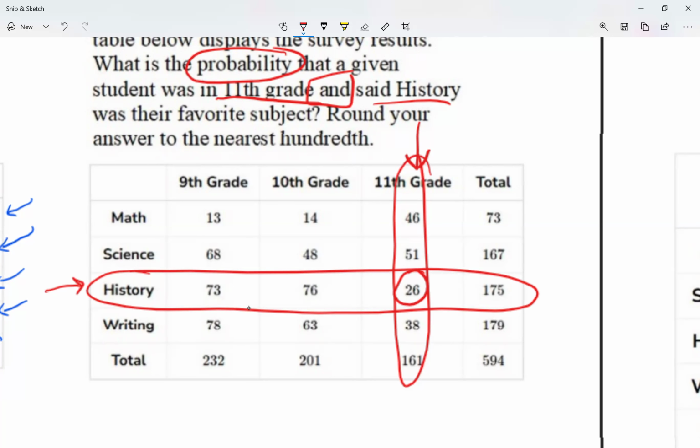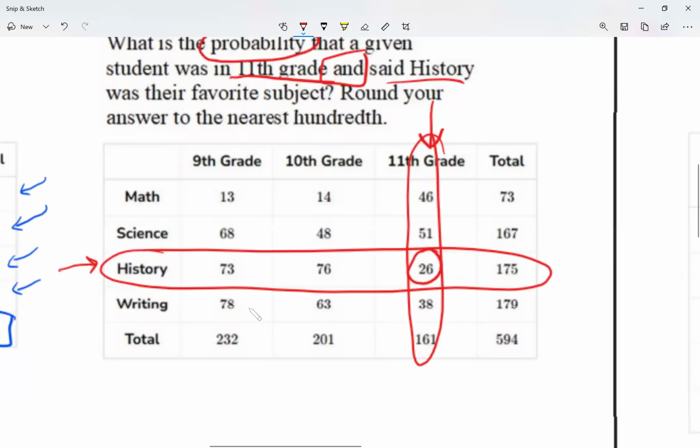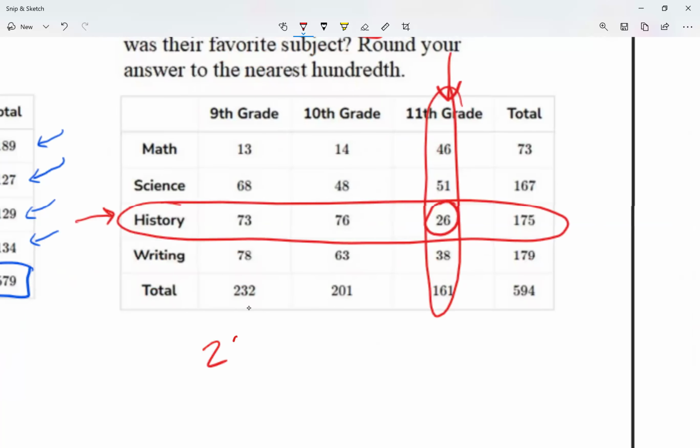So there were 26 11th graders that said history. So I'm just going to go 26 divided by 594. Where does this 594 come from? Right there. That was the whole total in this survey. It's different than the previous question because it's a different question here. So I'm going to go 26 divided by 594.